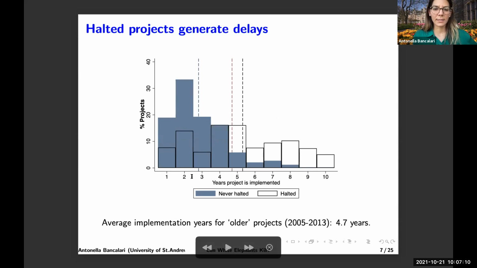And the blue dotted line shows that the average time for a project that was never halted was 2.7 years, while the average time for one that experienced at least 1 year of halting was 4.3 years. So essentially, what we're observing here is that delays are being caused by halting projects, and also there is mid-construction abandonment.